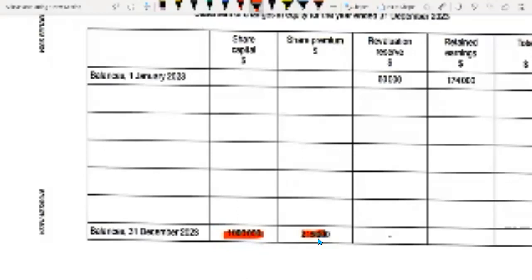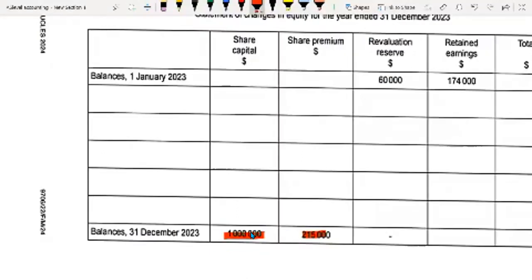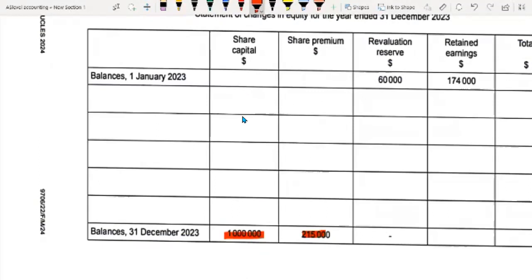So at the start of the year, if you want to find out the share capital and the share premium, we have to multiply by 1 over 4, because if you are giving one right share for everyone who is holding three ordinary shares, of course each and every person would be having four ordinary shares. So that's why we have to find out what would be the share capital and share premium if we divide by 4, 1 over 4.